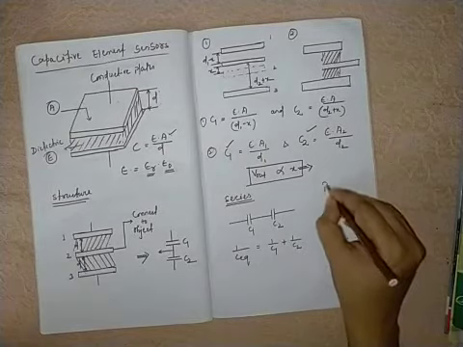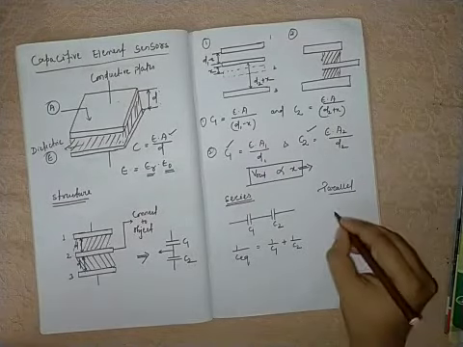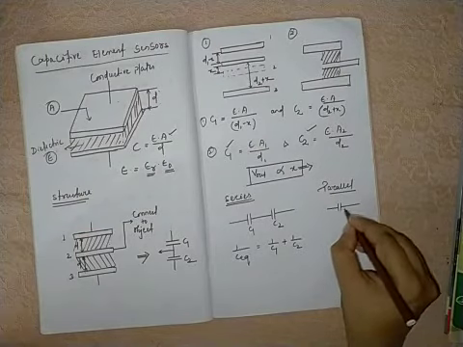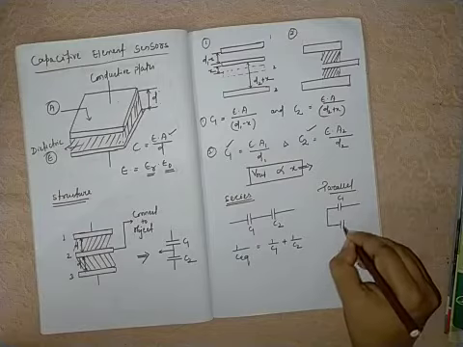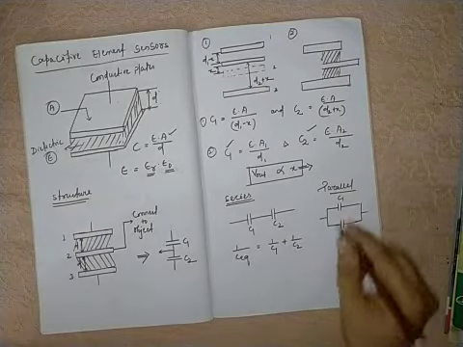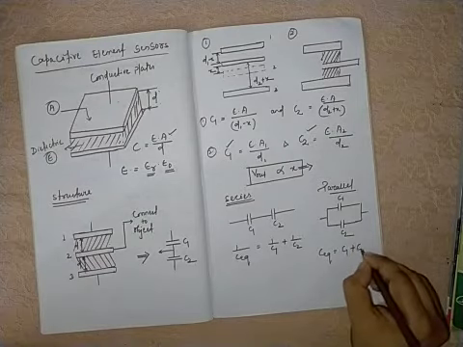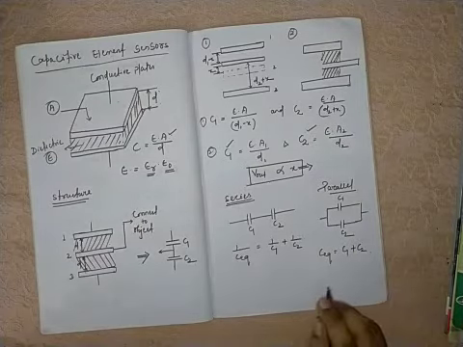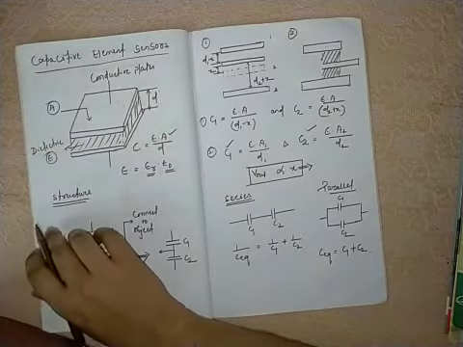For a parallel connection, let this be one capacitor C1 and another capacitor C2. The equivalent capacitance will be just the addition of C1 and C2. Clear? Either you connect the capacitors in series or in parallel.